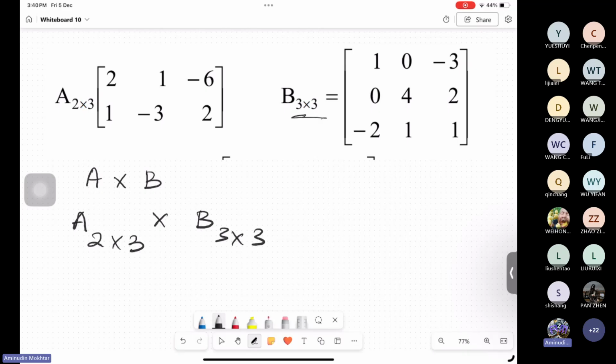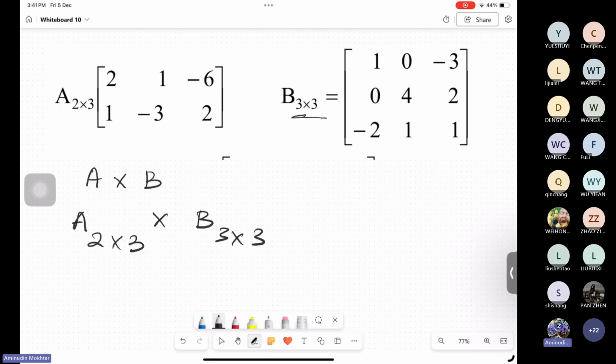The size of A is not equal to the size of B. In this concept, for multiplication it is not necessary for the matrices to have the same size. But for addition and subtraction, that is the main condition: the matrices must have the same size.